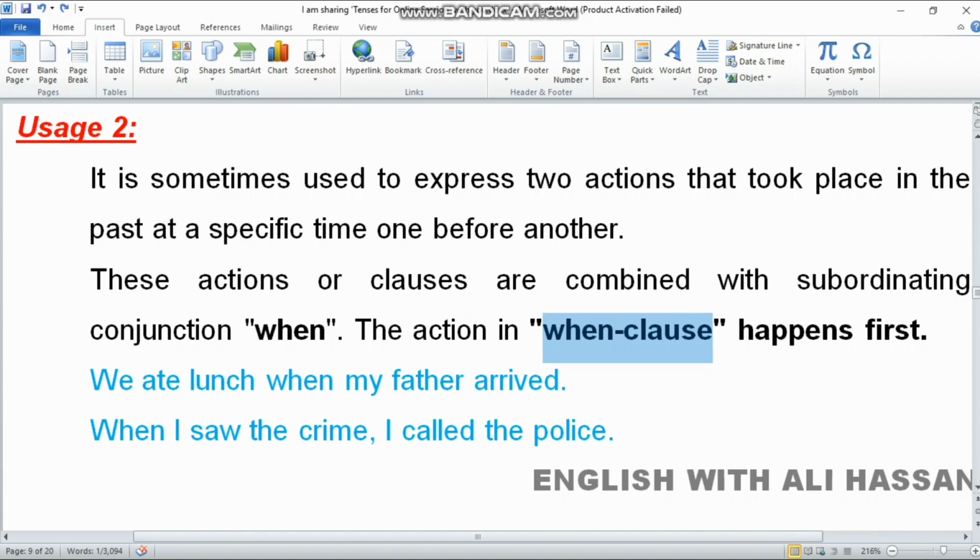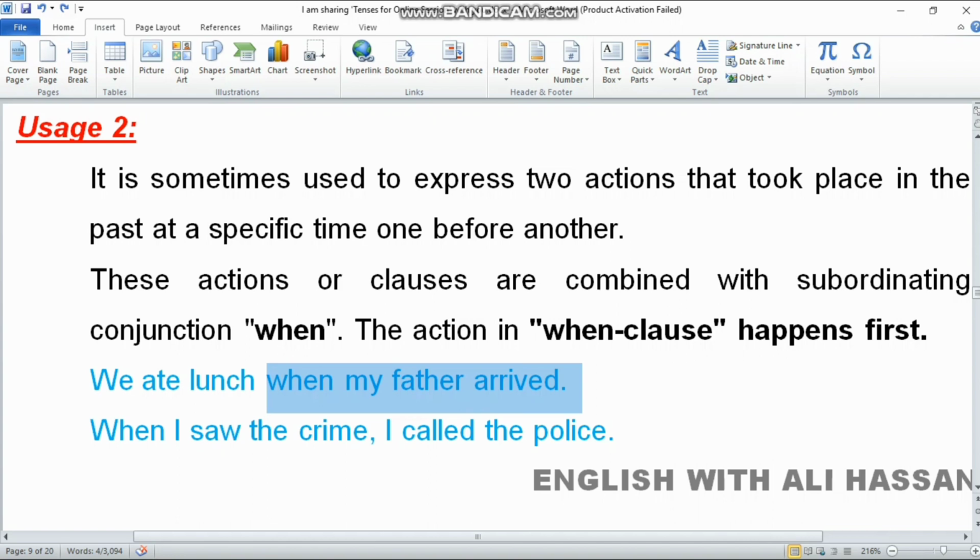Examples are given here. We ate lunch when my father arrived. It is a complex sentence structure, by the way, which is the composition of two different types of clauses. One is dependent, another is independent. This is the main clause, and this is the subordinate clause, which begins with one of the subordinating conjunctions, when.